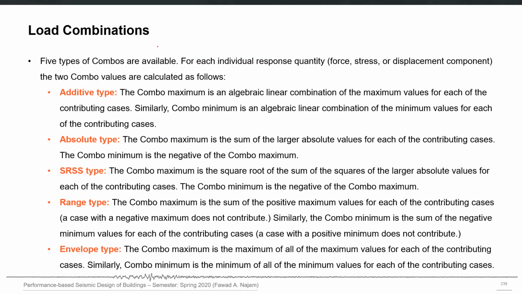The last point about this discussion in load definitions is the load combinations. So there are 5 different types of combinations available for each individual response quantity, which can be a force or a stress or any displacement component. The 2 combo values are calculated as follows. For the additive type, the combo maximum is an algebraic linear combination of the maximum value of each of the contributing cases.